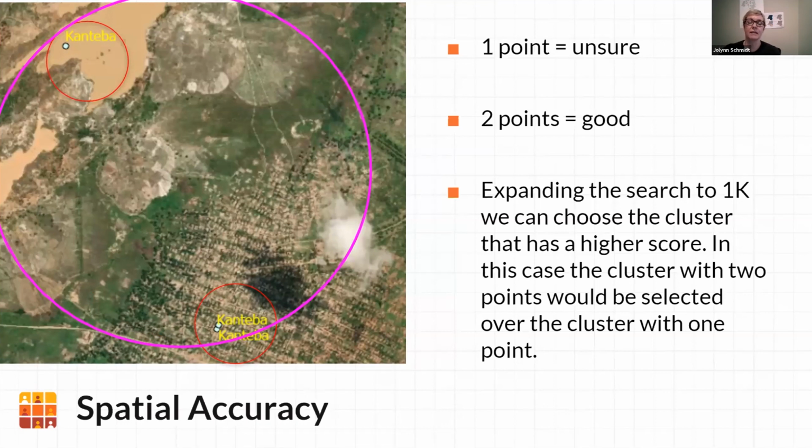So in this case, because I have 2 points versus 1 point, I'm going to choose the cluster with the 2 points. And actually what I'll do is look inside that and I'll choose the point that is the most recently collected. Often it's the case that these points include information about the health facility, and so I want that attribute data. And so I'll choose the most recent point within that cluster.